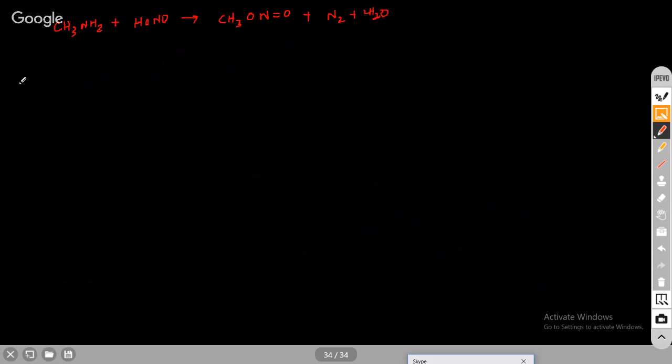Or if you take 2 moles of CH3NH2 plus 2 moles of HONO, it gives CH3OCH3 plus 2N2 plus 2H2O. Here we have 2 moles of this. Okay, this is an exception you must keep in mind. It is an experimental thing.